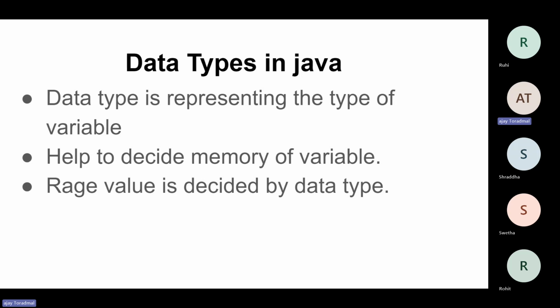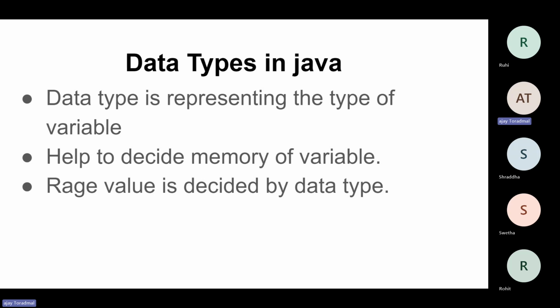Basically, the variable is a container in which you can store the value. If you are storing a value in any variable, you must provide the type of that particular variable.